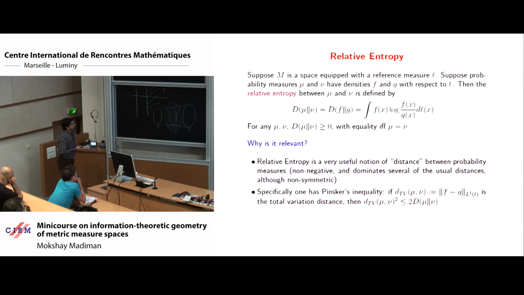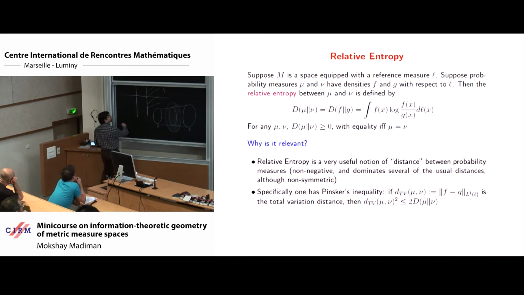So for any mu and nu, the relative entropy between mu and nu is non-negative, with equality if and only if mu equals nu. This follows from Jensen's inequality. It's actually very simple.